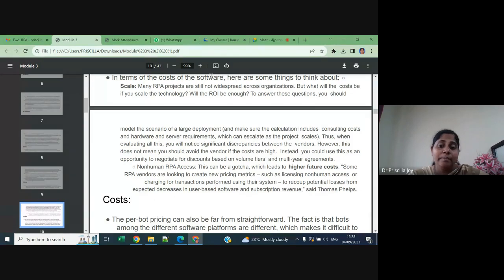The deployment also includes the cost of hardware and server requirements, everything becomes high when we increase the scale. Because of this, the cost is very high, and we must negotiate case by case, which leads to higher costs when we prolong that into the near future.